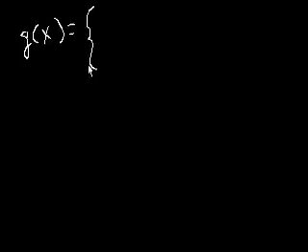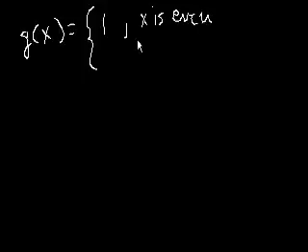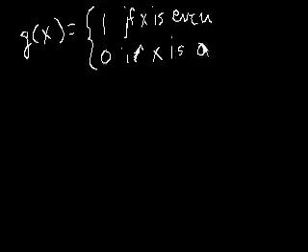Well, let's start off with an example not too different than what we saw before. Let's say that g of x is equal to 1 if x is even. X is even, that's like an if. And it equals 0 if x is odd.